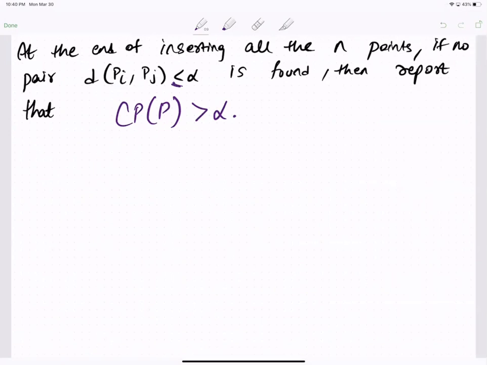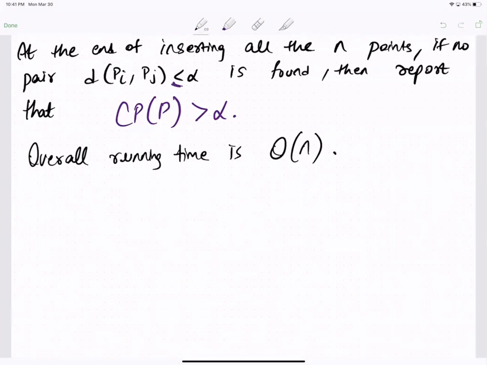Okay, so we only spend constant time every time a point is inserted. Right? If you look at the algorithm, you're only spending constant time. So overall running time is order of n.